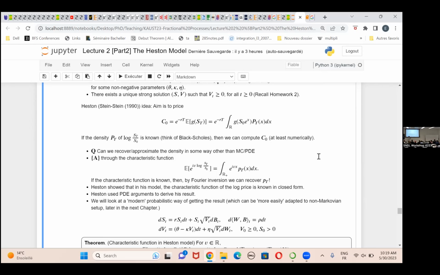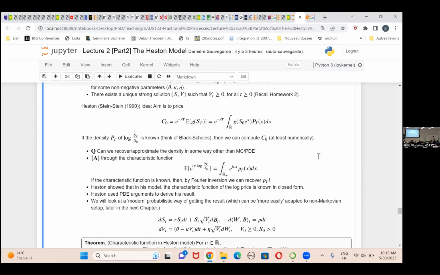Why do we need theta non-negative? Again, let me show you just the simple intuition behind it. To ensure the non-negativity of V. And how can you see this? Very easy. You start from V0 non-negative, and then you look at the first time you hit 0. If you hit 0, let's say here, this is Vt, and now write a first order expansion of V at t plus h.